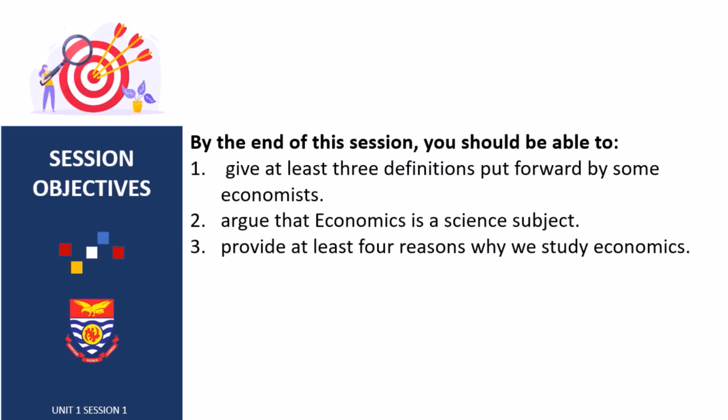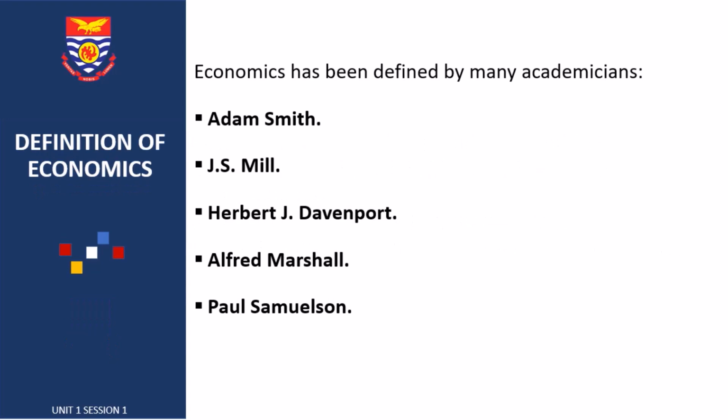So let's get started. What is economics? Economics has been defined by many academicians. We can talk about the likes of Adam Smith, J.S. Mill, Herbert J. Davenport, Alfred Marshall, and Paul Samuelson. And other people have defined economics.